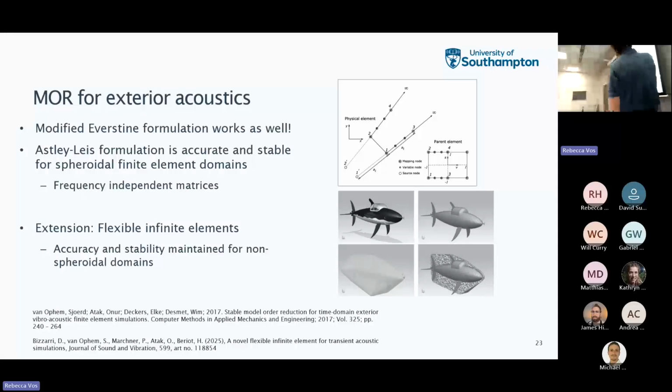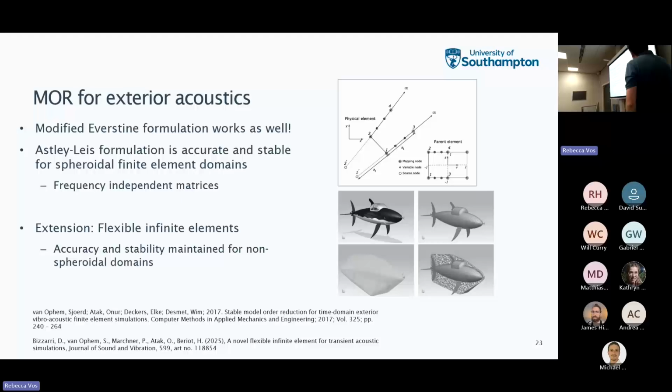And for this infinite element formulation, the approach that we used in the previous slides actually works without major adjustments, which is quite nice. This infinite element formulation has frequency independent matrices.